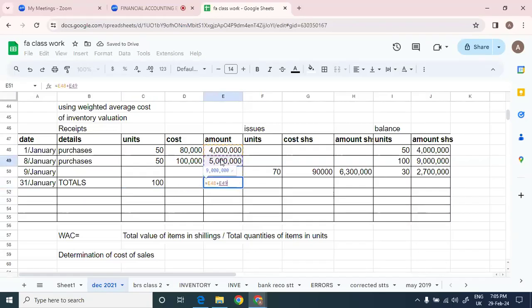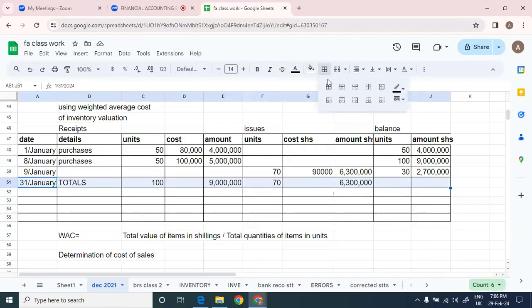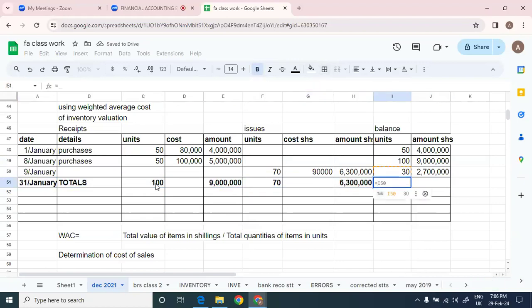Here it is this plus this, which is 9 million. Here it is 70. Here it is 6.3. So you see, when we get our 100 minus 70, we are getting 30. When we get our 9 million minus 6.3, I'm getting 2.7. So we come to get our cost of sales.